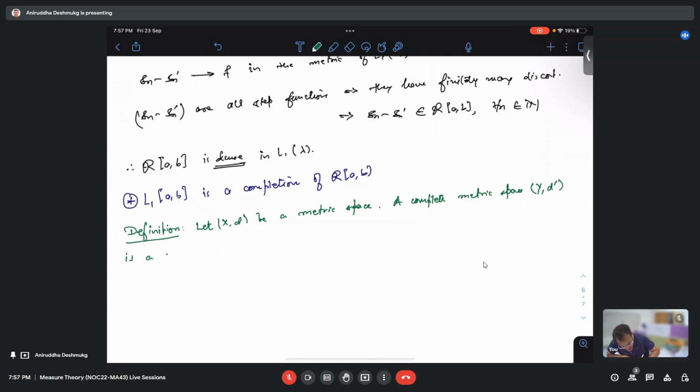This is a completion of (X, d) if, of course, Y is complete, that I have already assumed, if there is an injective isometry, isometries are automatically injective so I did not write it, if there is an isometry I from X to Y such that I(X) is dense in Y.